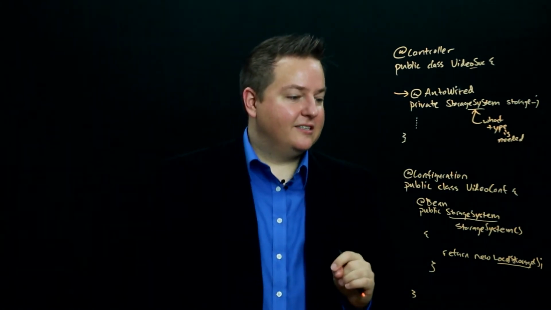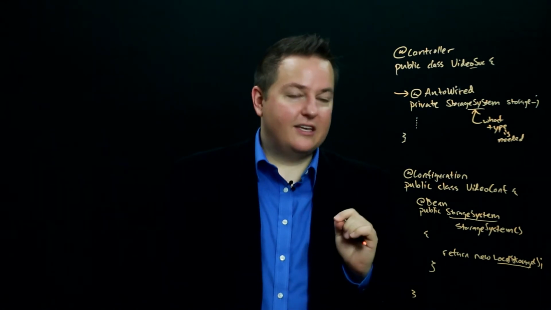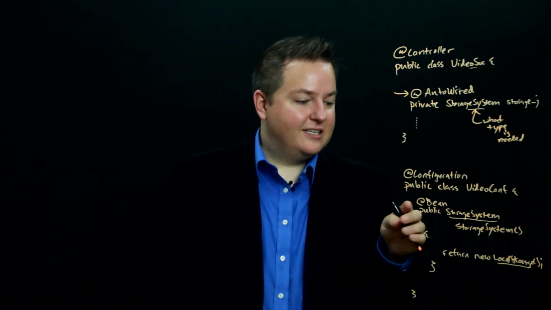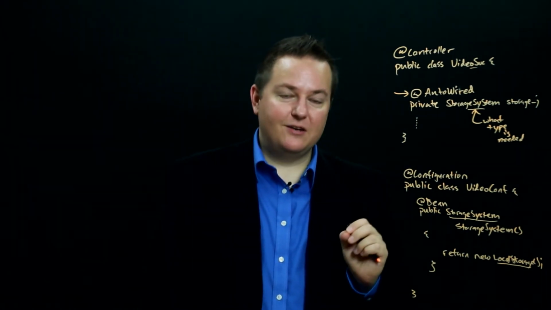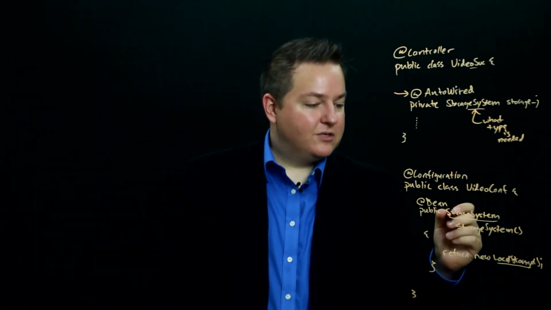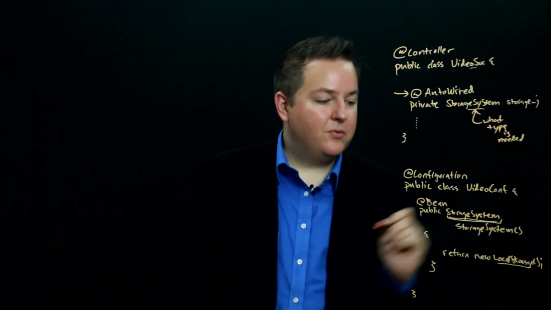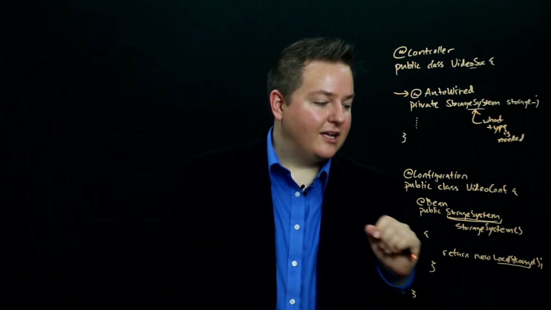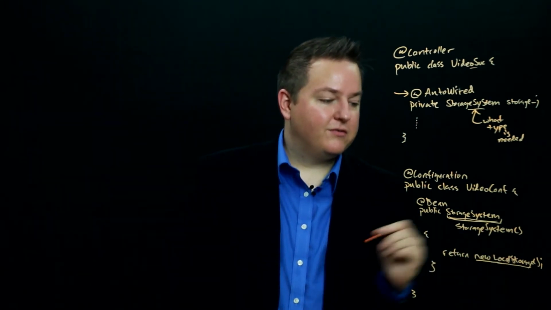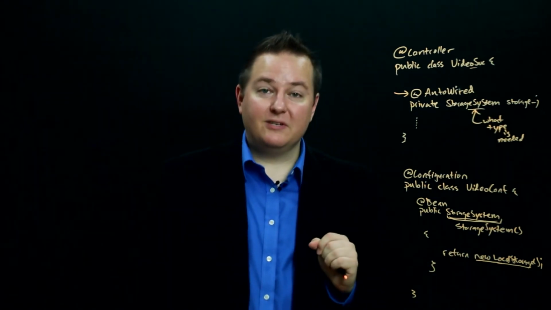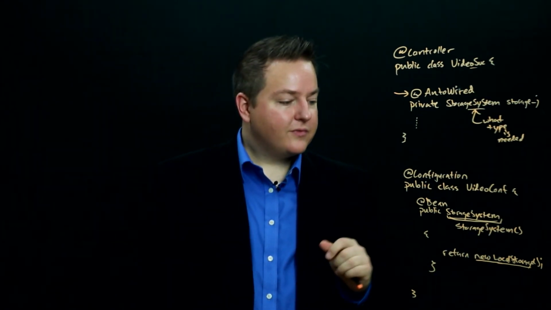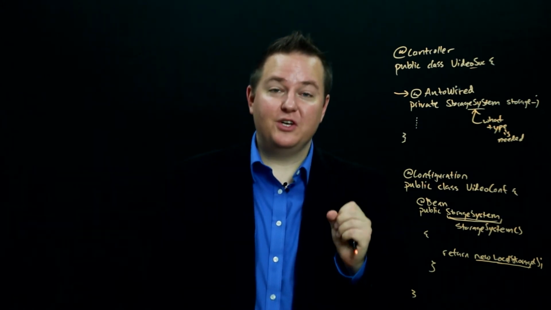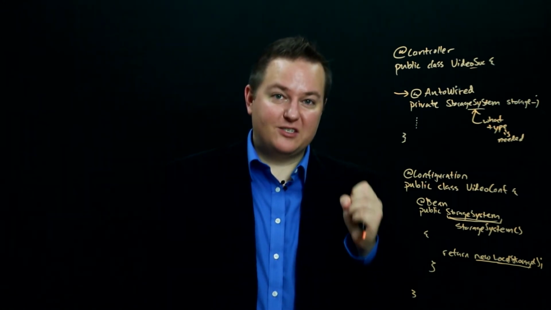And then it looks in the configuration object and says, is there a method that's annotated with @Bean that returns the appropriate type that I'm looking for? If yes, I need to call it and get the return value from it and use that to plug into this member variable.